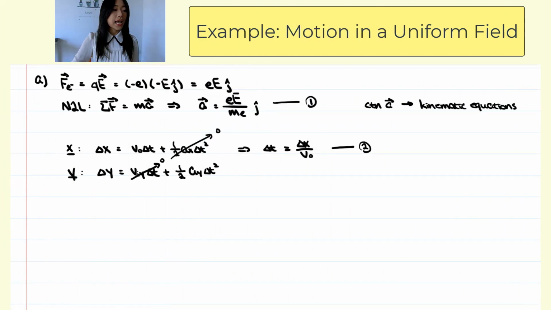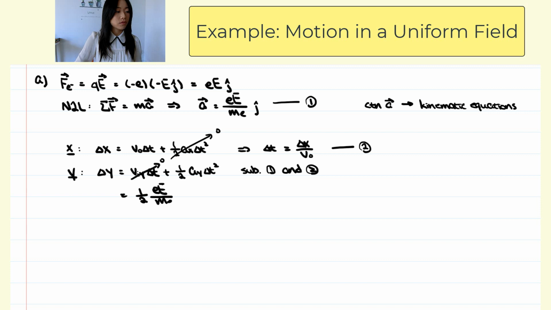Then we can substitute the acceleration from equation 1 and the delta t from equation 2 into this equation. We sub 1 and 2. So this equals half times the acceleration in y, which is e times the electric field divided by the mass of the electron, times delta t squared. Delta t is delta x divided by initial speed, squared.